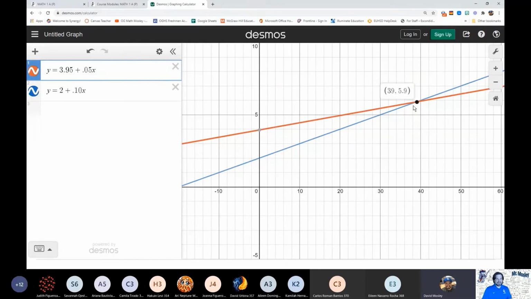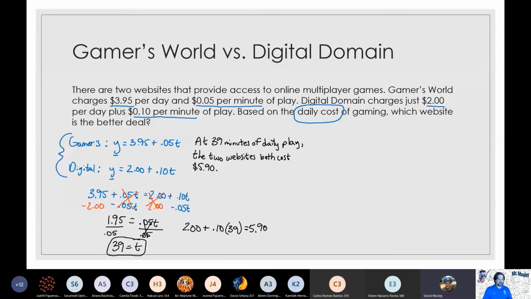So if you're going to play less than 39 minutes a day, go with digital domain. If you're going to play more than 39 minutes per day, or 40 minutes or more, you should go with Gamers World. So the solution gives us that cutoff point, which is why we want to know what it is in this comparison type problem. That's why we need to find the solution for a comparison problem, because it gives us our cutoff point.